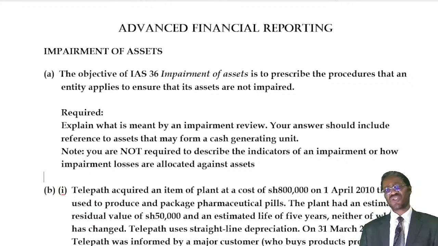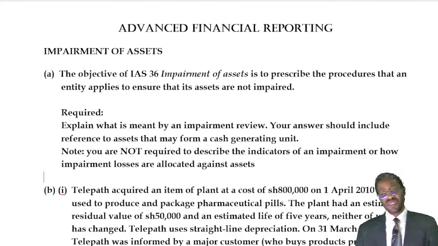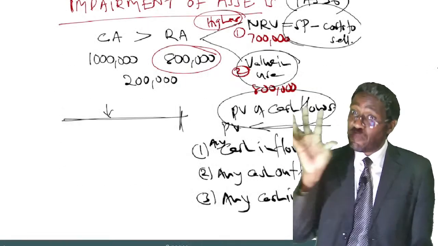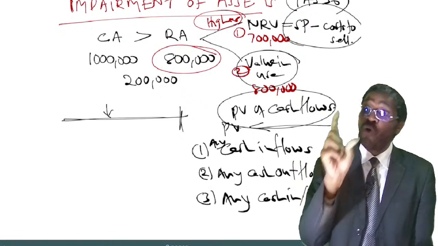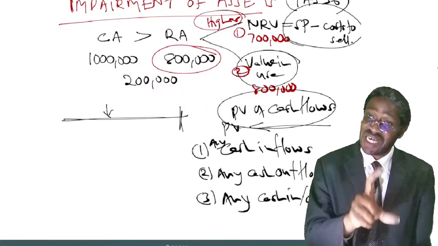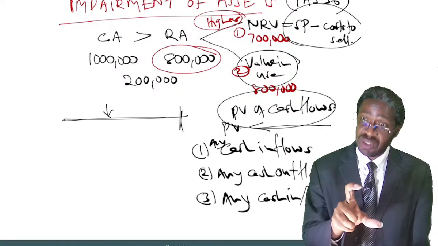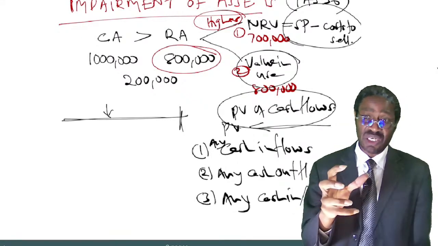But of course, the first part is obvious now. The first part that says, briefly explain what is meant by impairment review. Of course, impairment review now is what? It is the process of determining whether an asset has suffered an impairment loss. How do you carry out that process?